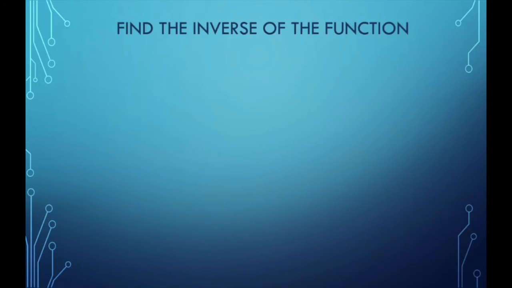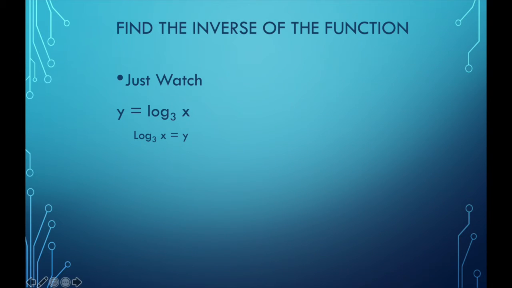All right, now we're going to find the inverse function. The inverse function is going to work the same as we were doing before. I want you to just watch this first, unless you absolutely want to write this down. If I said y equals log base 3 of x, I want us to find the inverse. I like my y to be over here so that my outside-to-the-inside rule works. So I'm going to change my x's and y's. When we were finding the inverse in the past, what did we switch around?